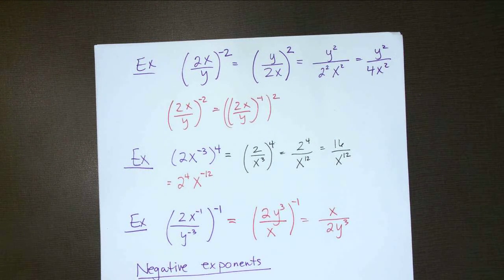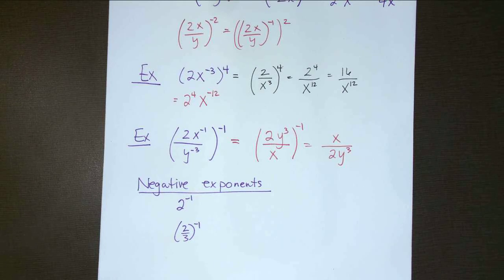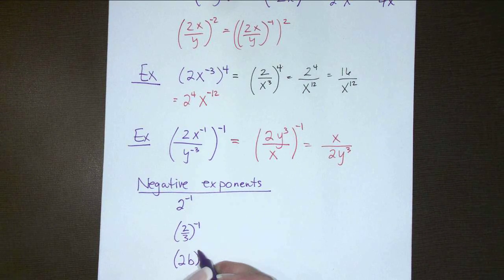So 2 to the negative 1. 2/3 to the negative 1, so that is a number that's not in fraction form to a negative exponent, 2b to the negative 3 and 2b to the negative 3.